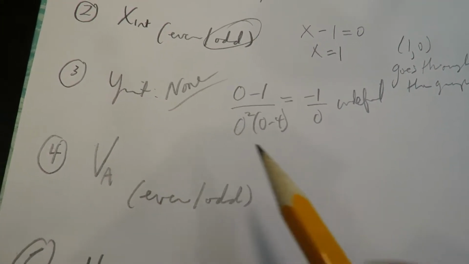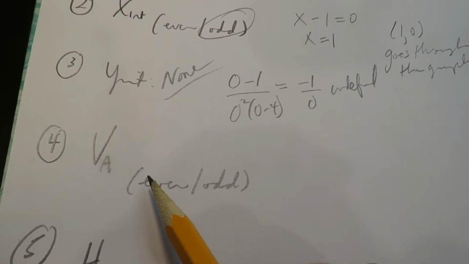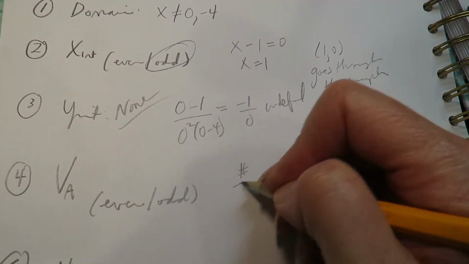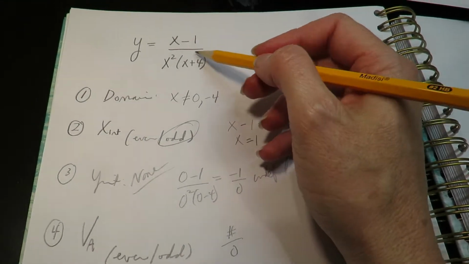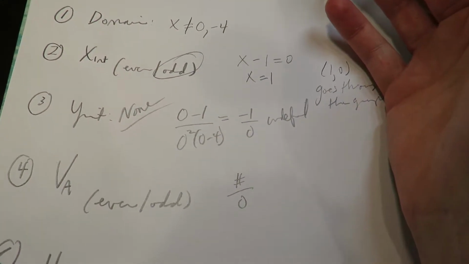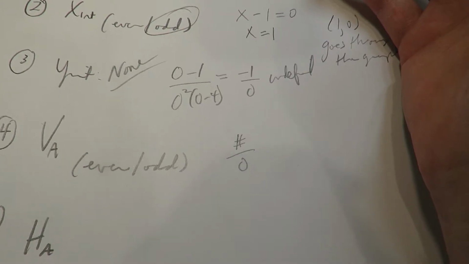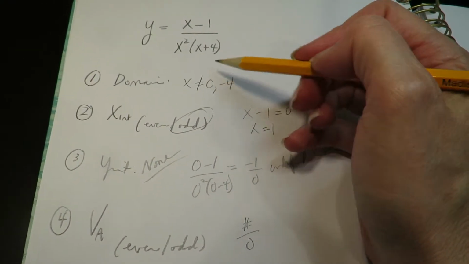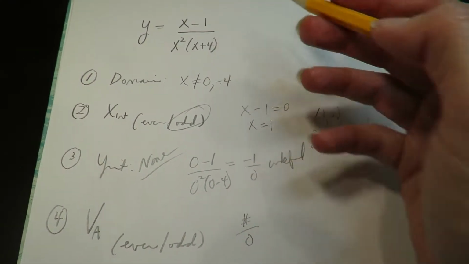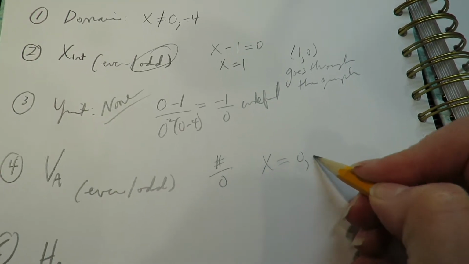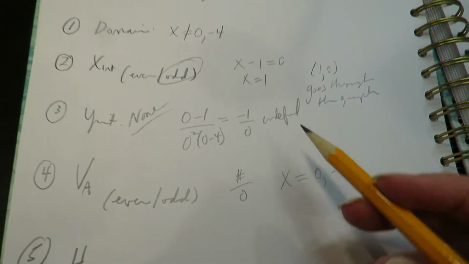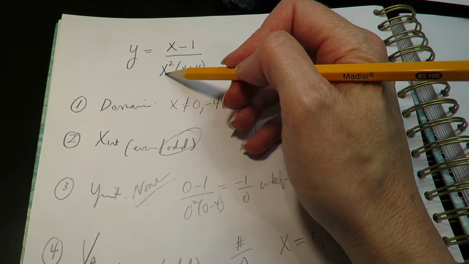Okay, for VA, that's going to be when you have a number over 0. And so basically that's when the denominator equals 0, but the numerator does not. So the denominator is going to equal 0 at the domain restriction. So that's going to occur when x is 0 and -4. All right, now 0 came from this one.